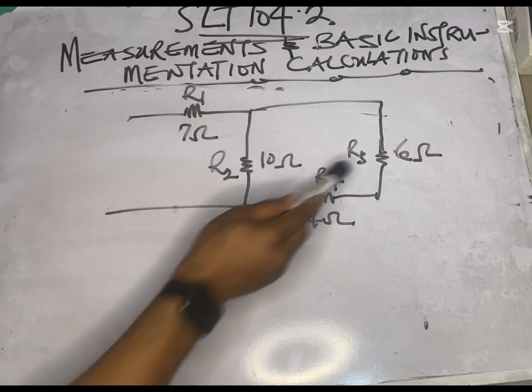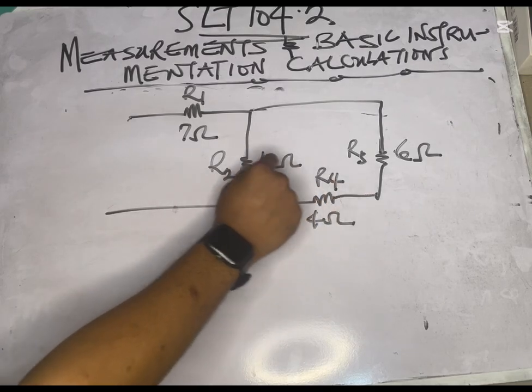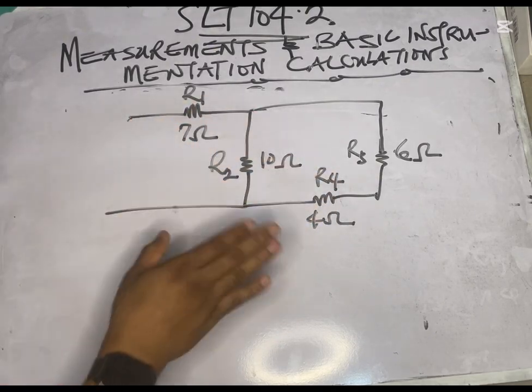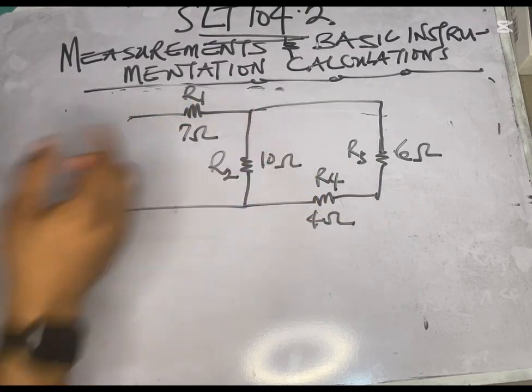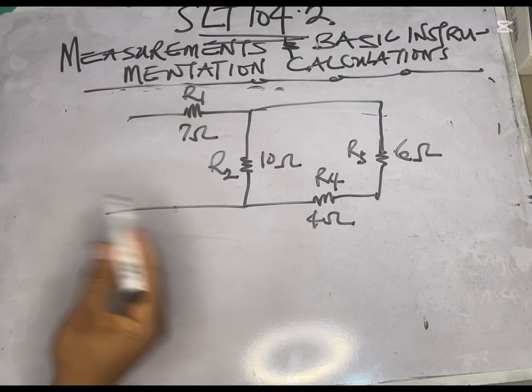So first of all, resolve these two. By the time you resolve these two, you will realize that it will now be parallel to this one, so you can clearly see that it is parallel. Then you resolve both of them in parallel. So first of all, let us resolve R3 and R4 in series.